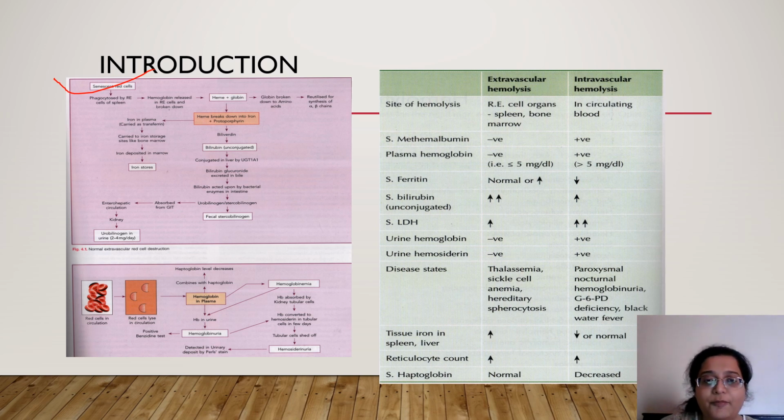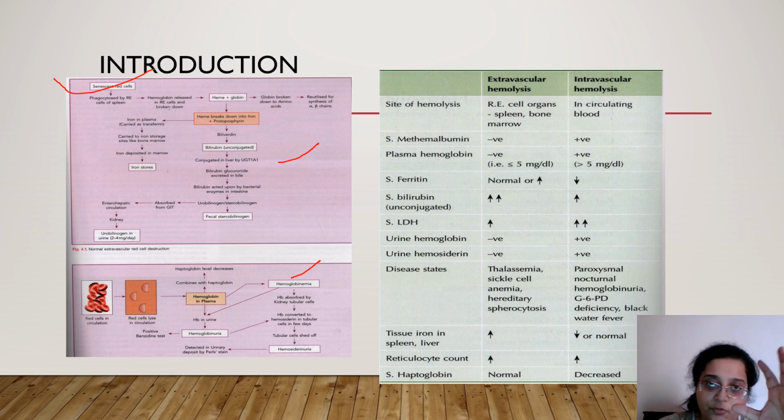So that is why I have put these two table and chart side by side. This is extravascular hemolysis, this is intravascular. So when an RBC breaks inside the vessel, it releases hemoglobin, right? Hemoglobin will bind to haptoglobin.